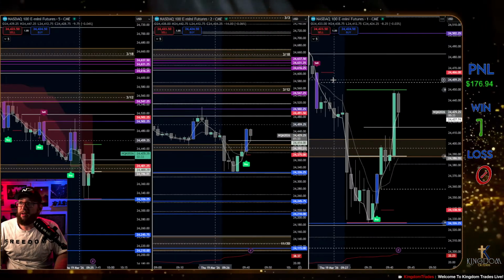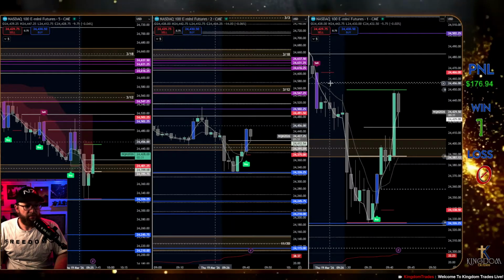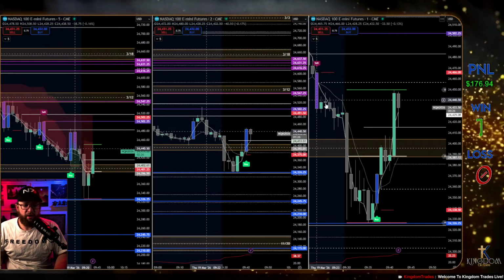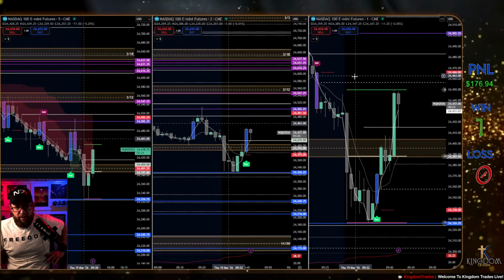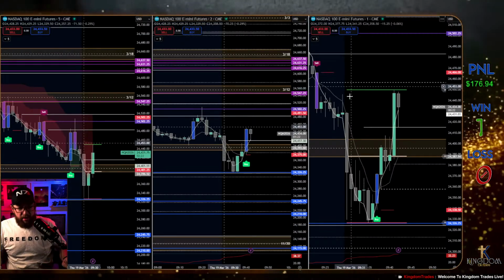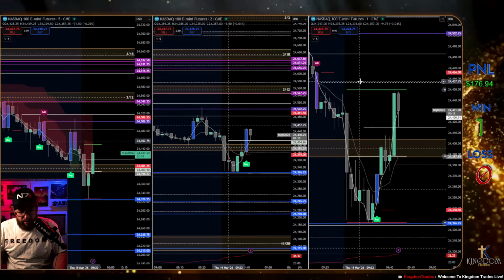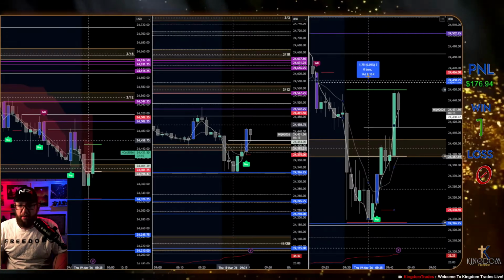See this old cross right here? That was going to be a selling point. If it would have come up and tapped that before the market opened, I probably would have hit sell, as like a 10 point risk on this trade. I think now it's a little more iffy.